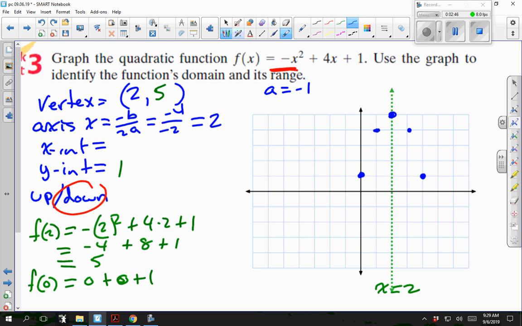Okay? Last thing we've got to do, we've got to figure out where these things cross the x-axis. I can try to factor, and you guys are looking at that going, yeah, that's not going to work, is it? I could complete the square, or I could use the quadratic formula. Any opinions?